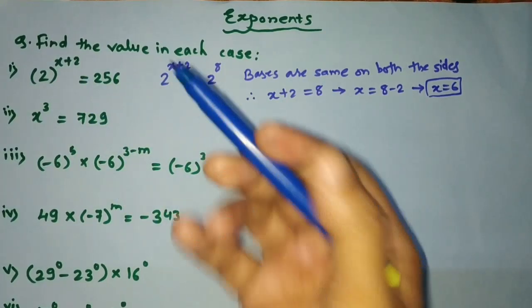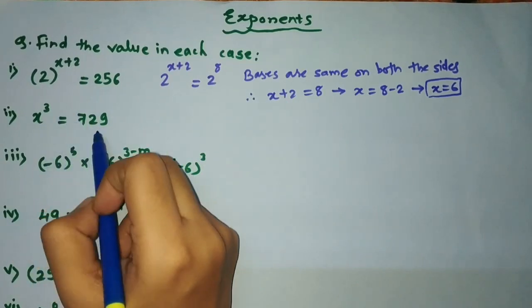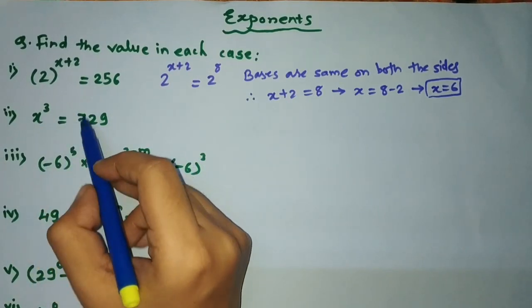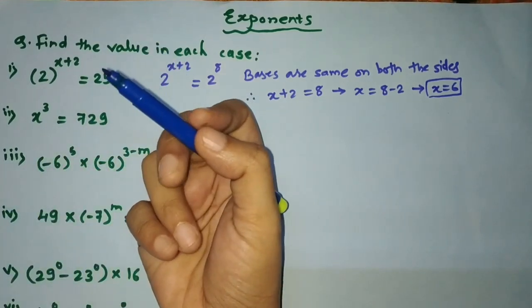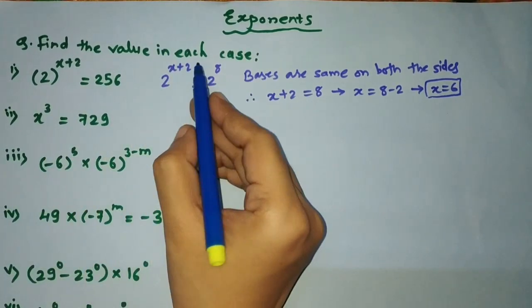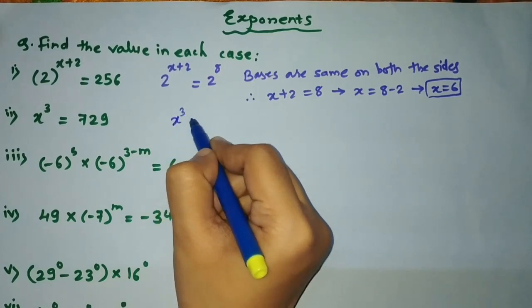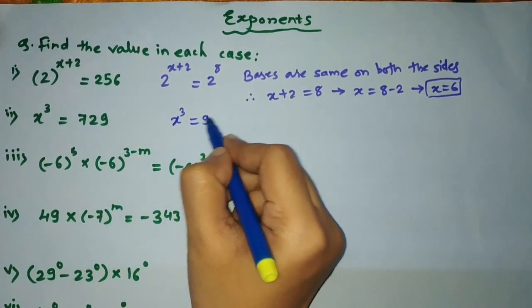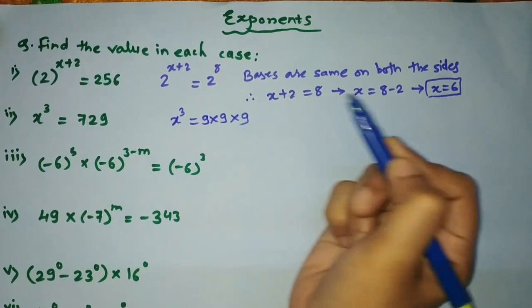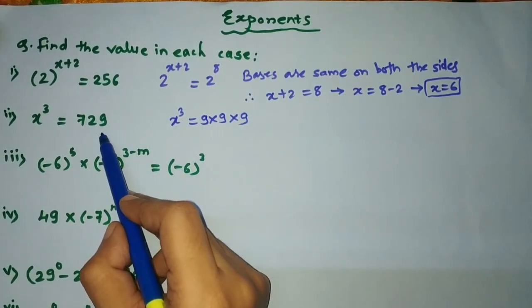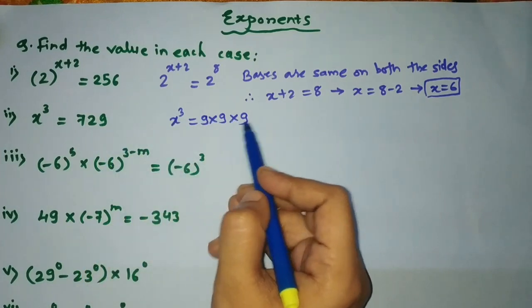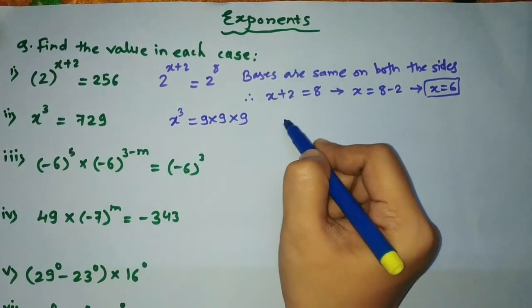So you can find the unknown in a power by equating the powers when the bases are the same. Now moving to the next question: x cube is equal to 729. I want to find the base whose cube is 729. I know that 729 is nothing but 9 into 9 into 9. When you multiply 9 three times, you get 729: 9 nines are 81, and 81 nines are 729.